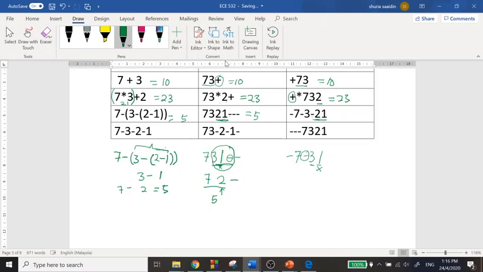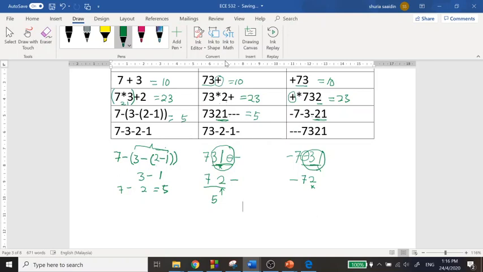So 3 minus 1 is equal to 2. Okay, so you have already processed this 3. And then what is left is 7 and 2. So we stop here.